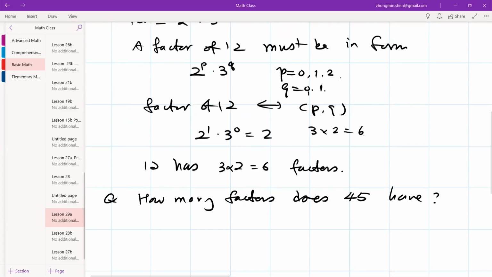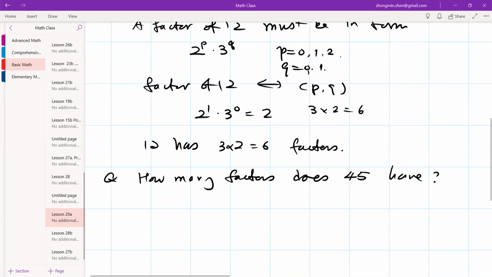Well, first of all, you have to try to factor it. 45 is going to be 9 times 5, and 9 is 3 squared. So a factor must be in the form 3 to the p and 5 to the q.